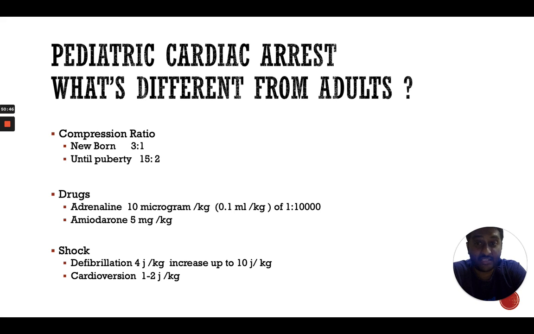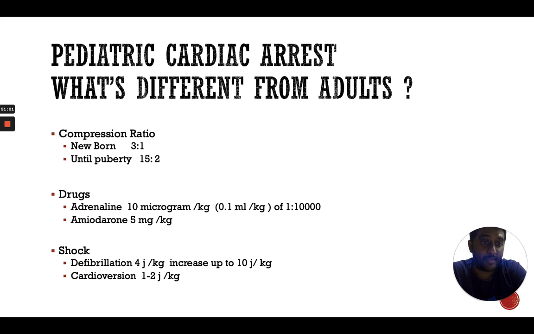When it comes to drugs, the adrenaline dosage for adults is 1 mg. For pediatrics it is 10 micrograms per kg, which is 0.1 ml per kg of 1 in 10,000.